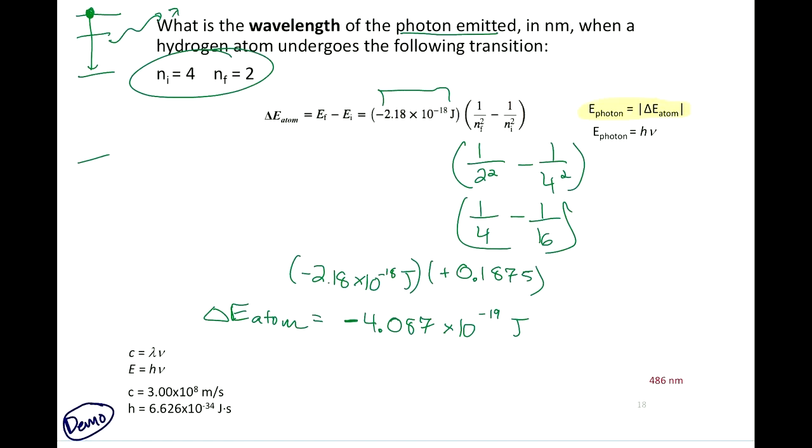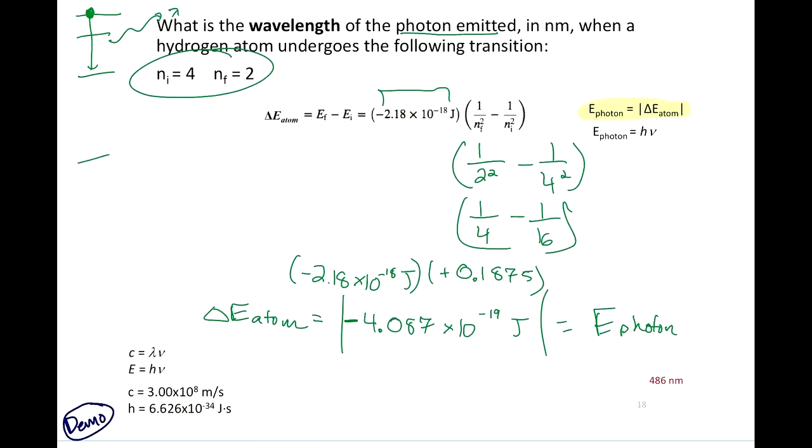So yes, the atom is losing energy. So that means a photon is emitted. So we're going to take the absolute value of this answer and then relate it to the energy of the photon. Okay, we just want the absolute value. The sign just tells us which way light's going. In this case, it's being emitted.